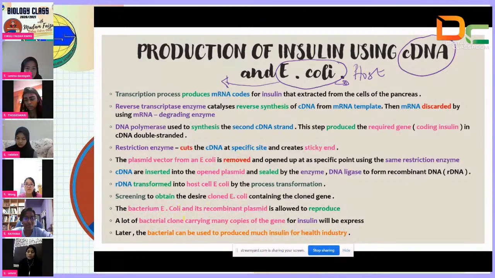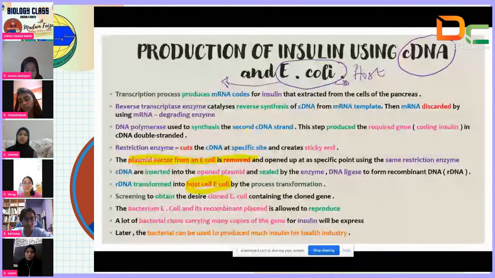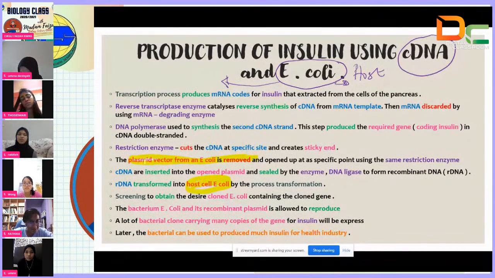See here, class, host cell E. coli, host cell. That is one role. Another role, Ratika, read this. The one the teacher highlighted. Another role, E. coli will. Besides becoming a host, it will also act as a vector. Okay, vector. What does vector mean, class?